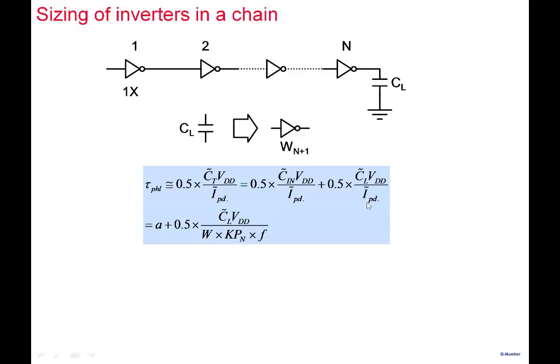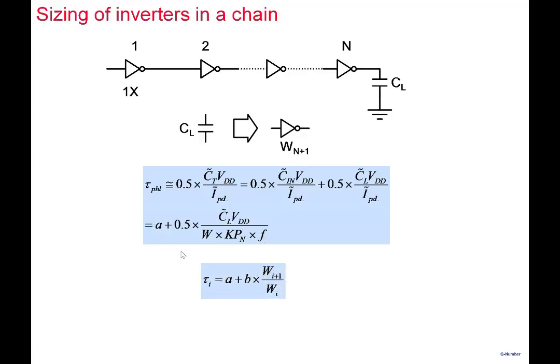So the current would be proportional to W, KPN, and other things that are there, like VGS, VDD minus VT and all those other things. We're not bothered with all of that here. So the current would be proportional to the width of the transistor, the KPN, and other things. Let's not bother about it. Let's just put it as F.